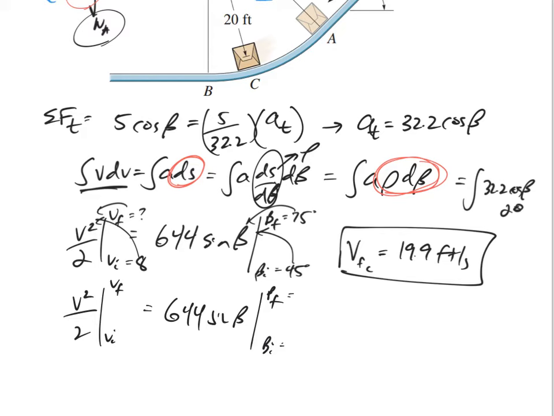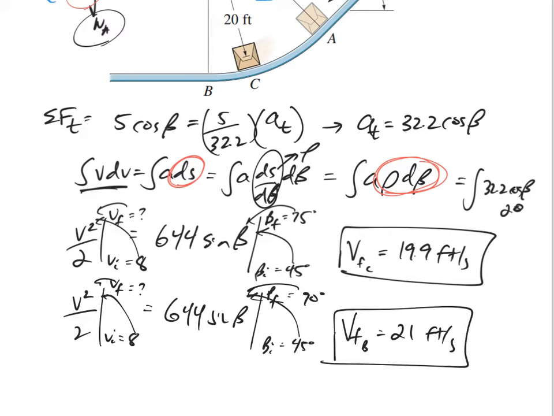Here it starts at 45 degrees with a velocity of 8, and I'm looking at a beta of 90 degrees. What is its velocity? Plugging that in minus that, I would get a velocity final at point B equal to 21 feet per second.